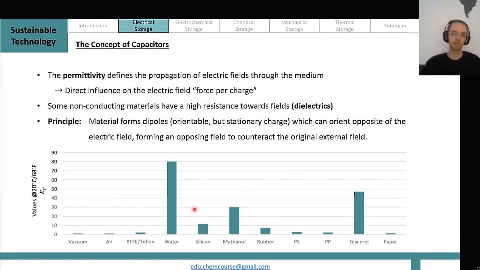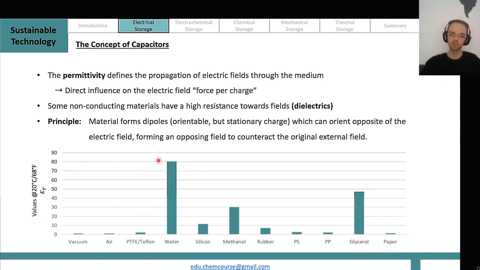Here we have an overview of a few materials which can do this very well or very badly. Vacuum permittivity is regarded as close to that of air, simply because typical molecules which you find in air, like nitrogen, oxygen, and so on, cannot really resist this electric field. In the same group are, for example, Teflon or PTFE, polystyrene, polypropylene, or paper.